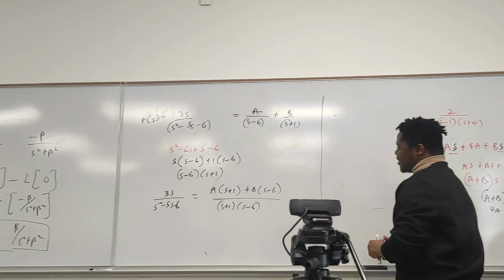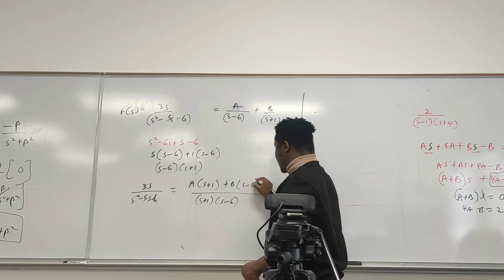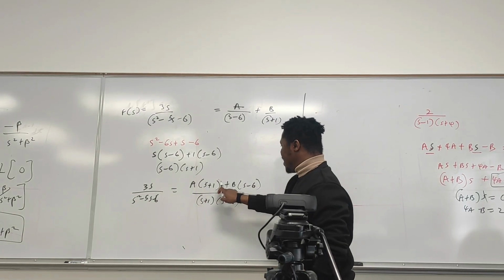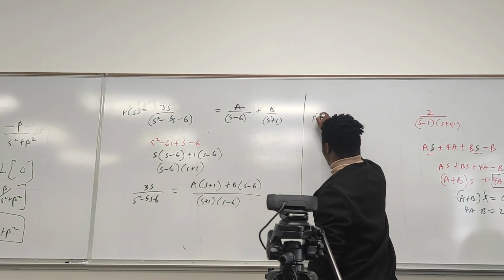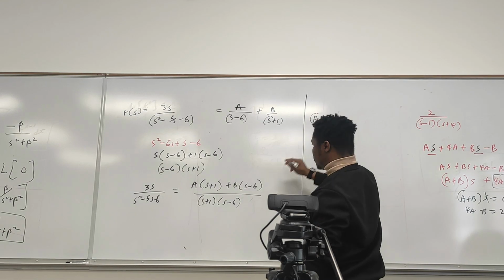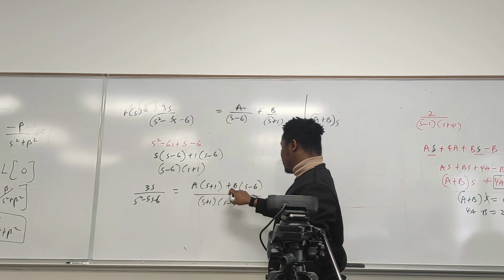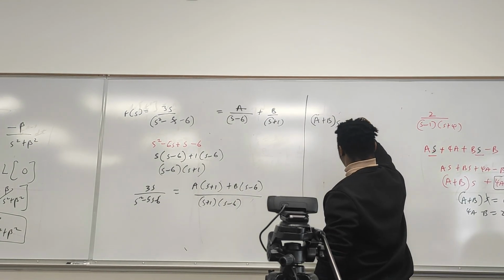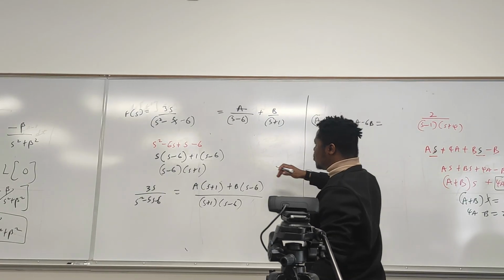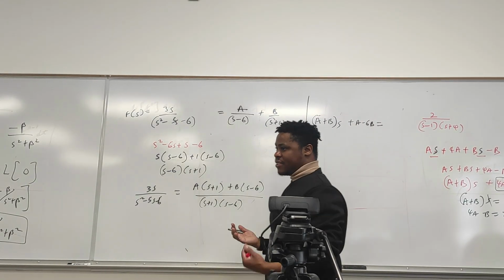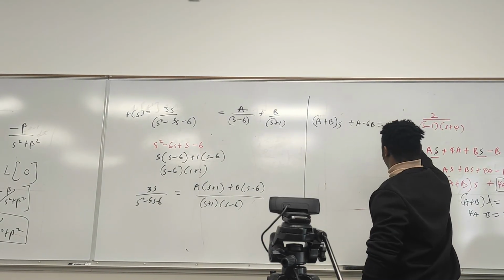So let's expand it. Let me jump steps here to make it easier. This is As and this is Bs. It could be (A + B)s like this. This one is -6B + A, and we equate everything to what is at the top here, right? Because that's what we do, which is 3s + 0.